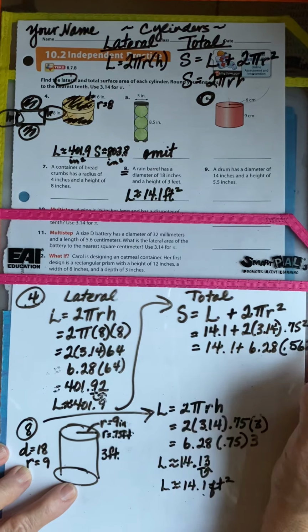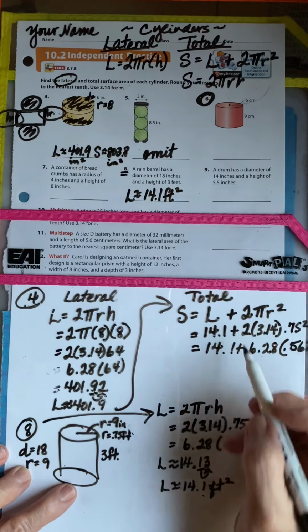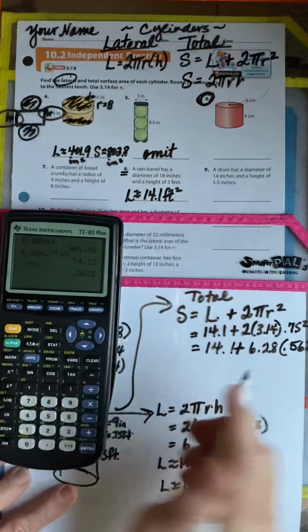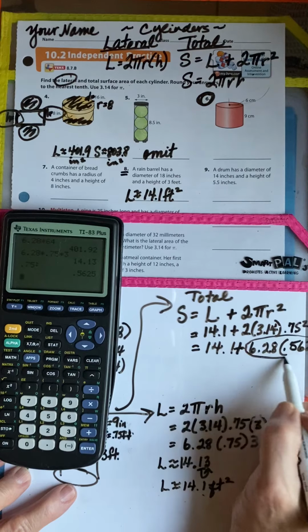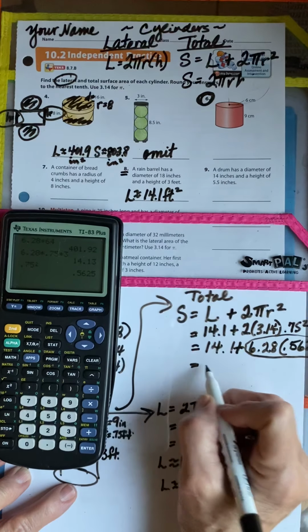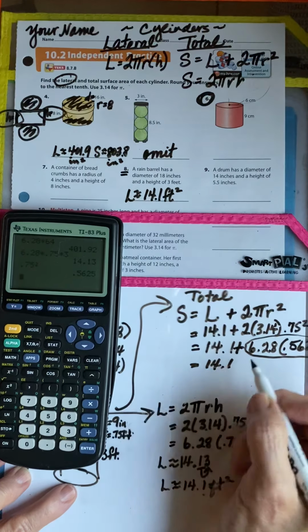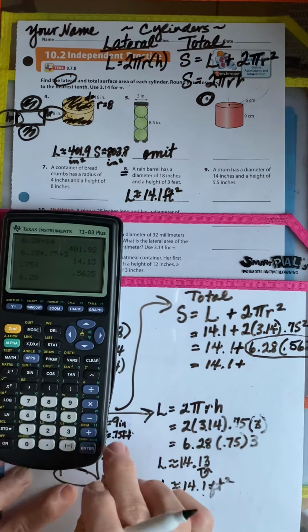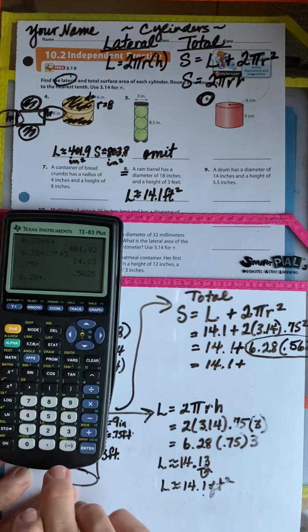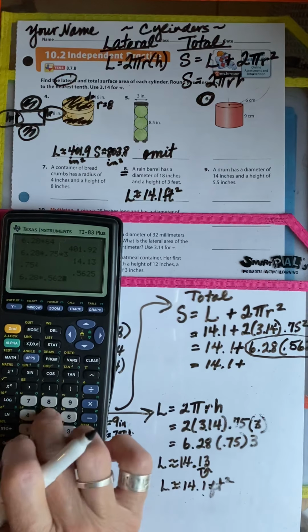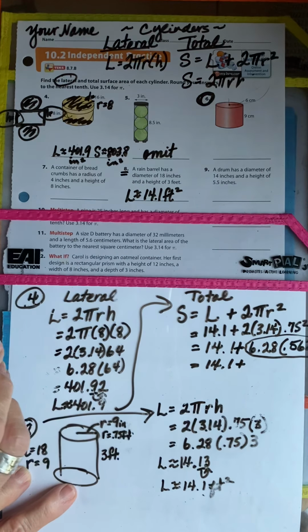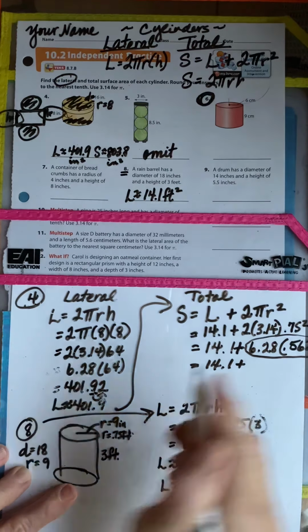6.28 times 0.5625. So we've got to multiply here. This is what goes first using PEMDAS. 14.1 plus 6.28 times 0.5625, enter. 3.5325.